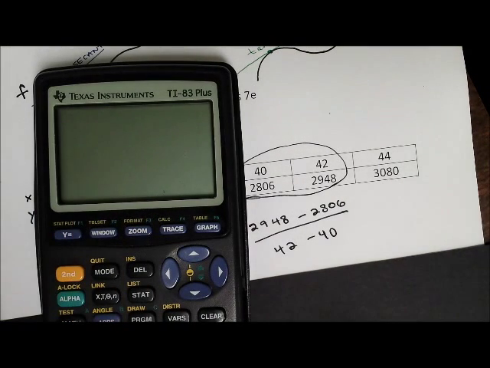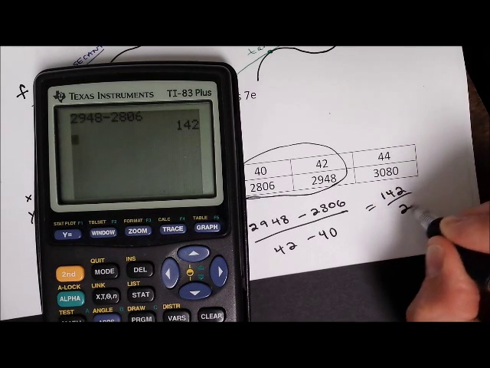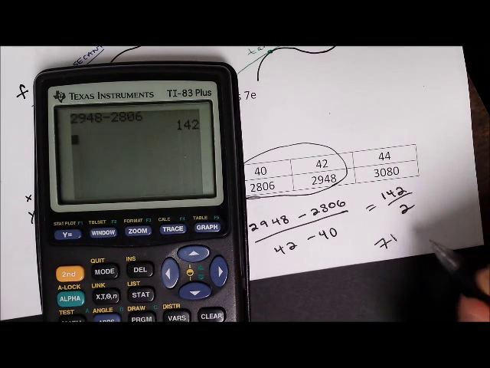So we're looking at 142 over 2, which is 71.